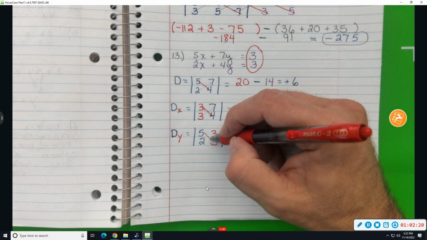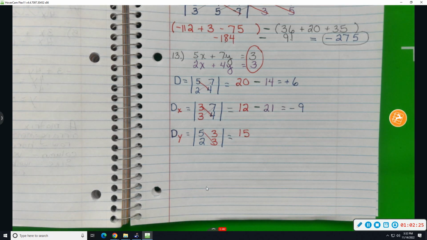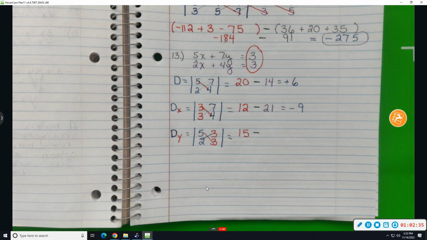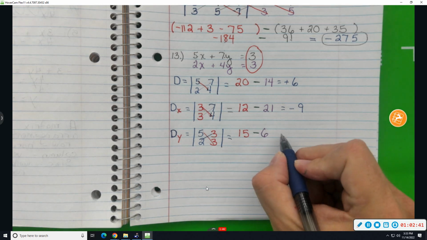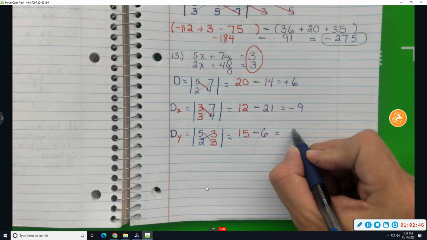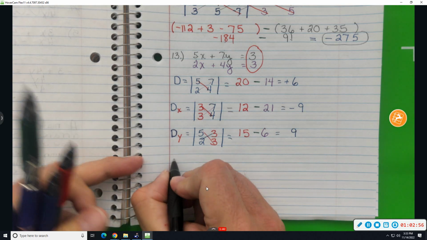We'd have a 15, then a minus 6. What are we getting for this one? 15 minus 6, that's going to be a positive 9.